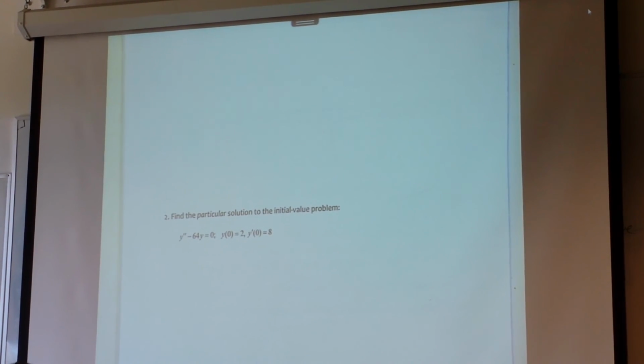You could call this A times cosh plus B times sinh, 3x, and you might be able to find coefficients A and B in terms of C1 and C2 that allow you to write it as some kind of combination of these.